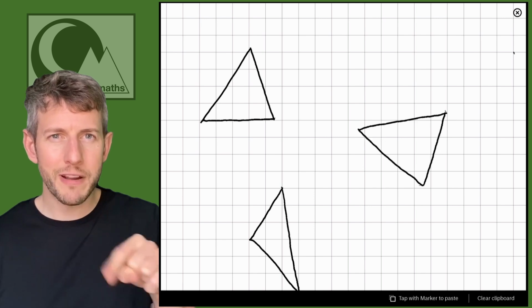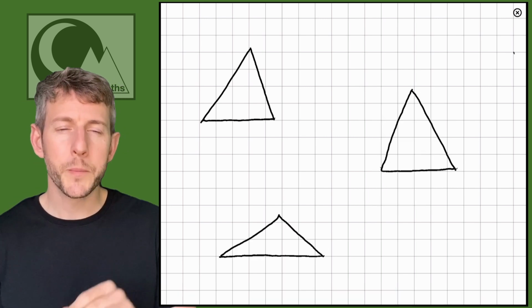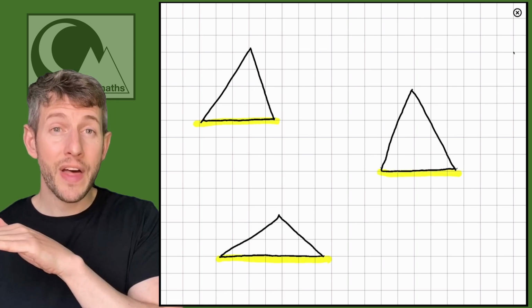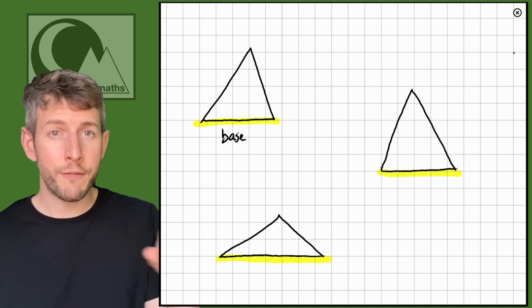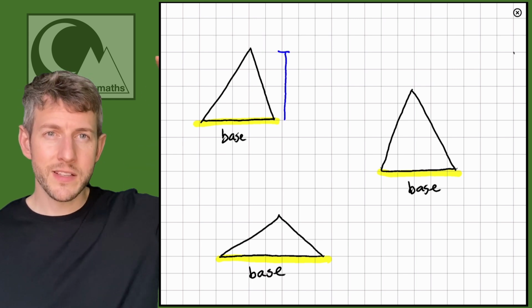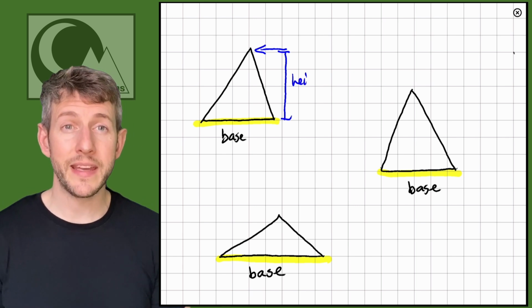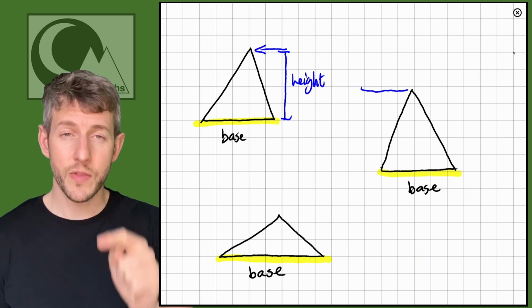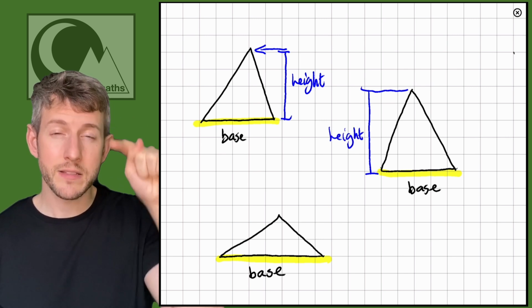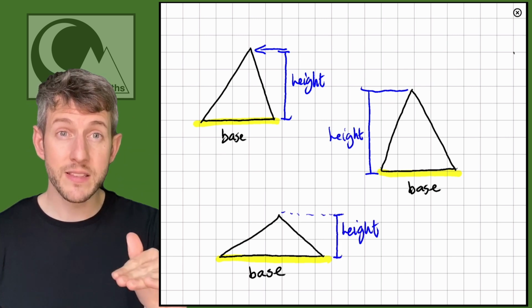If you swivel it round until it has one line on the floor and looks like a tent, that line on the floor of the tent is the base, and the distance up to the peak is the height. So the distance from the floor to the top is the height, and the side that is on the floor is the base.